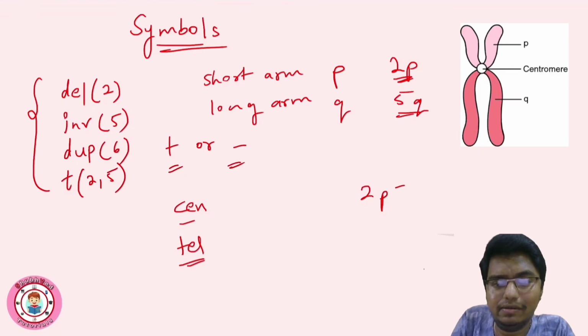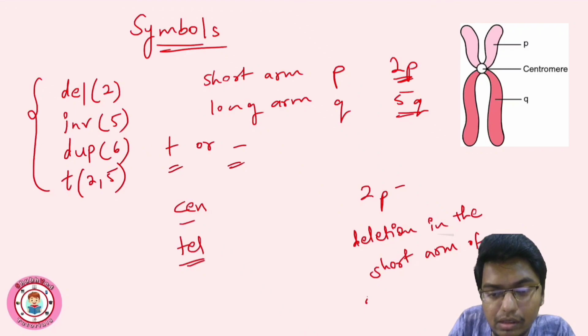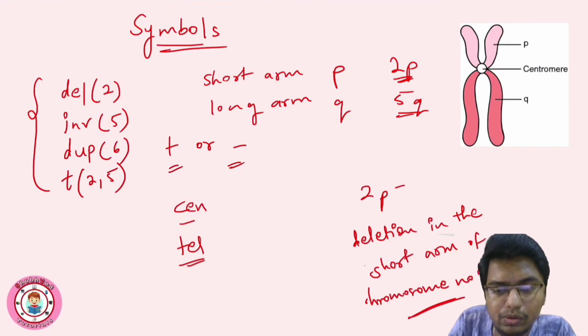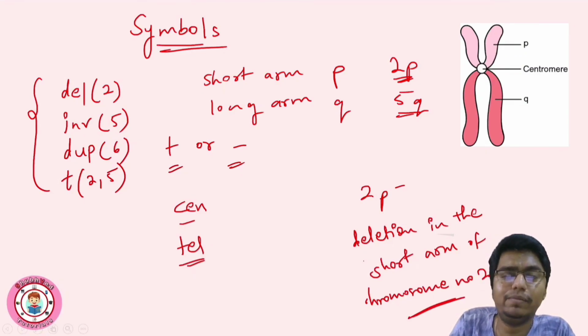I will write here: deletion in the short arm of chromosome number 2. So these are the symbols we have to remember.